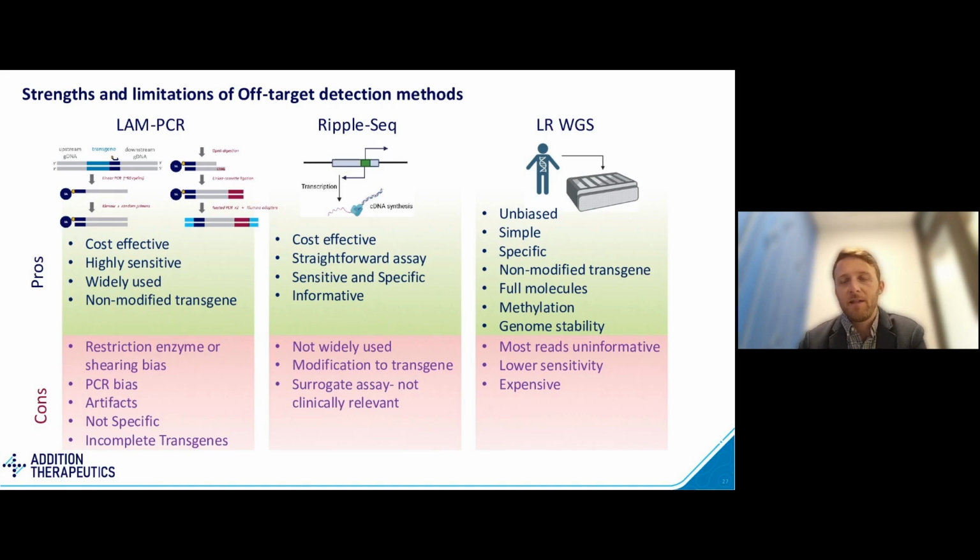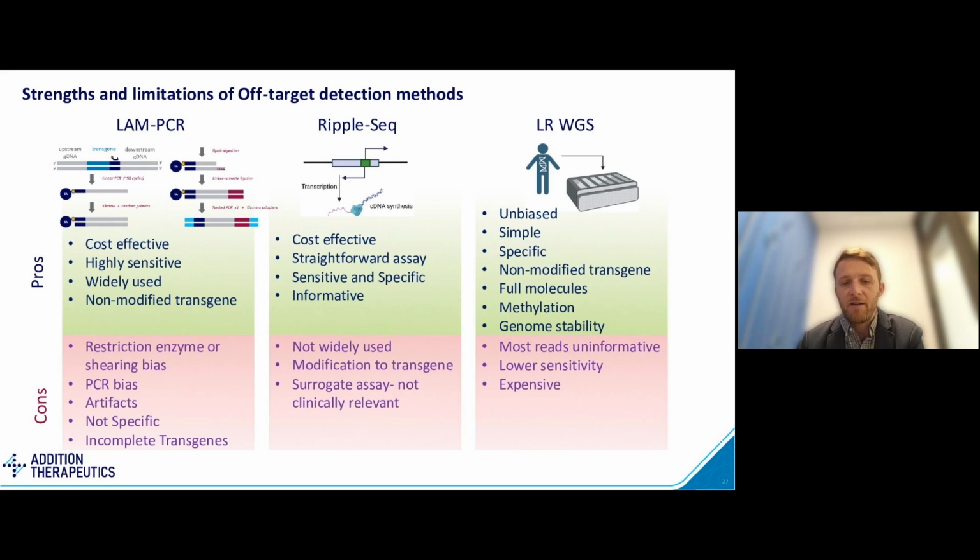And so that leads us to long-read whole genome sequencing, which was my method of choice when we got started because it's very unbiased, there's no PCR, it's simple, specific, doesn't require modifications to your transgene, and it gives you full molecule information. On top of that, beyond the transgene, it also can give you whole genome information, which can be used to assay methylation of sites of interest, as well as whole genome stability.